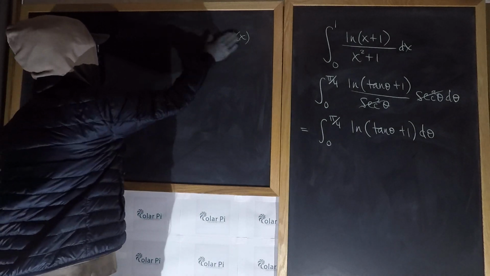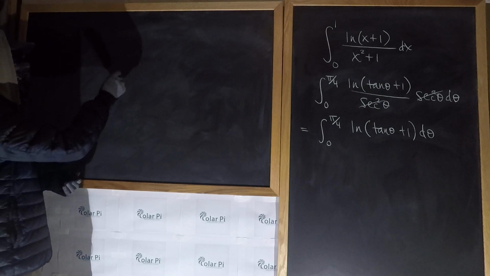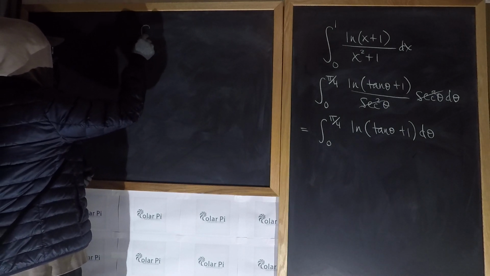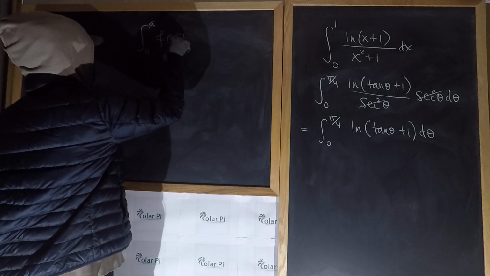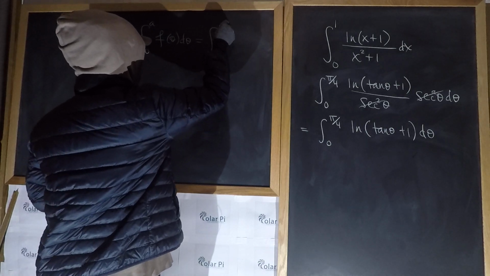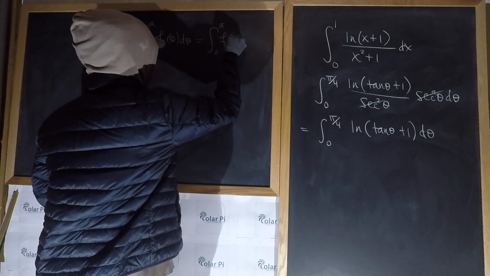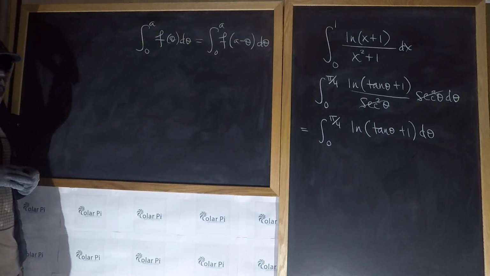Well, next we need this property, which is that the integral from 0 to a of f of theta d theta is equal to the integral from 0 to a of f of a minus theta d theta. So this is true.